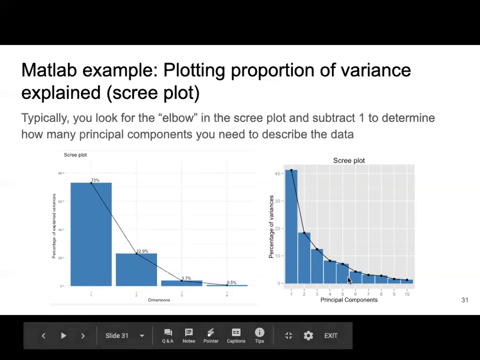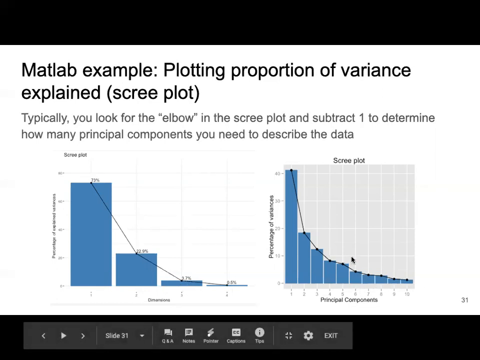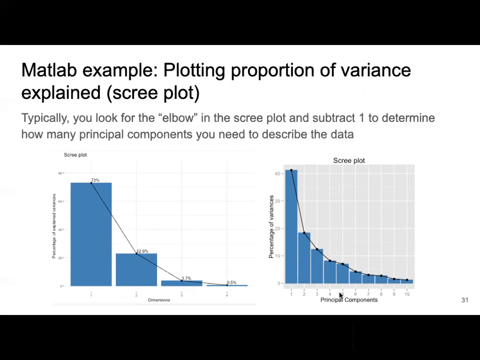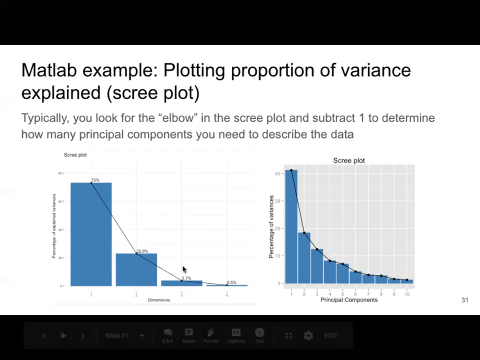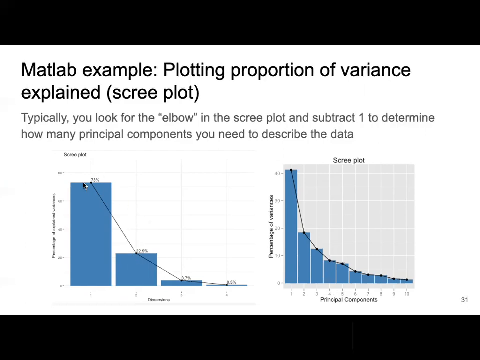This one is not quite as clear, but let's say the elbow might be around the sixth component, so maybe 4 or 5 components would probably do a good job of explaining the data here. It's not a hard and fast rule, but it does give you an idea of how much variance you're explaining. And really, once you're getting up to about the 90% mark, that's going to be a lot of variance explaining the data.